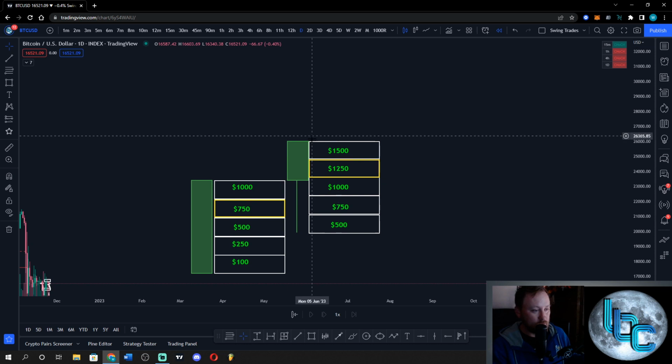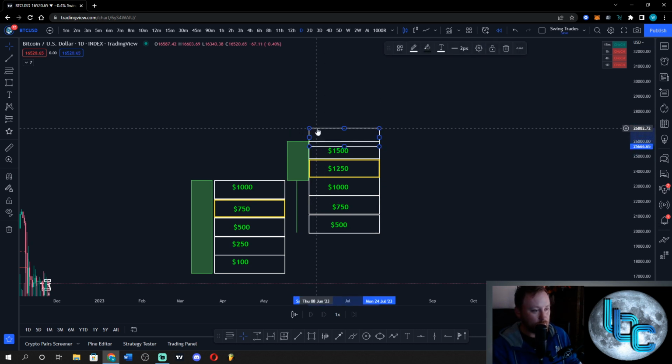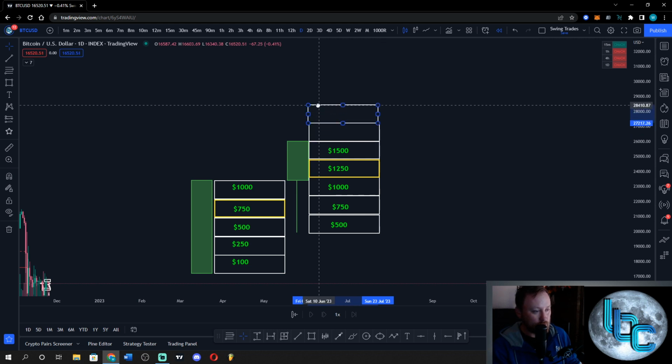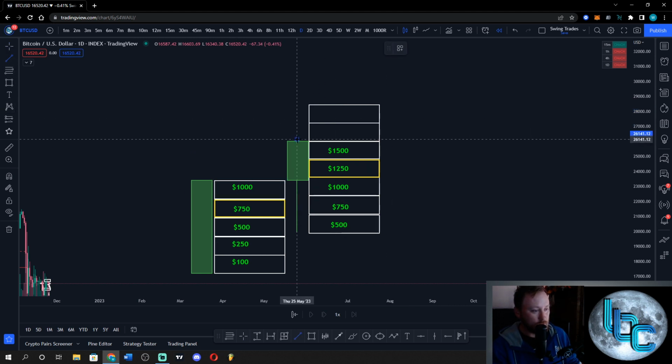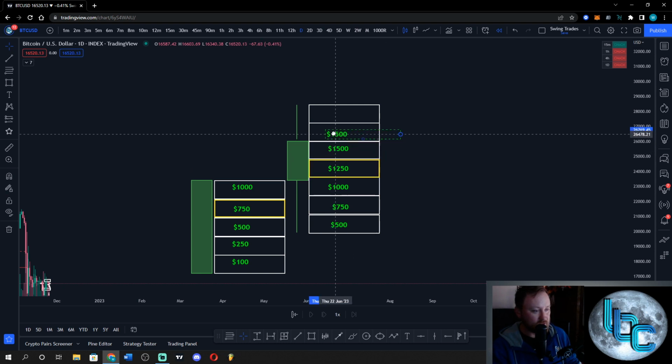And then we could even say that if we add a couple more layers, this could also move up and show another wick to the upside, and then we can see that this would be new pricing moving up the ladder.